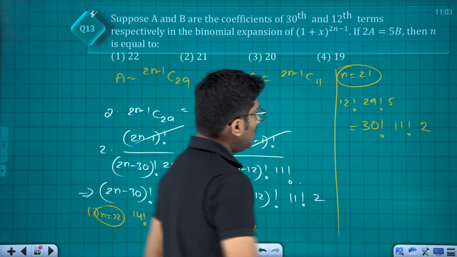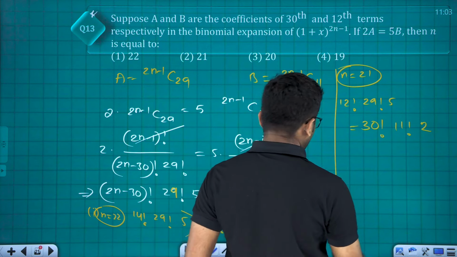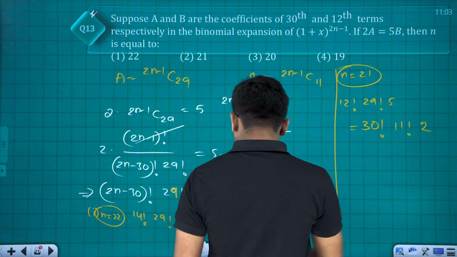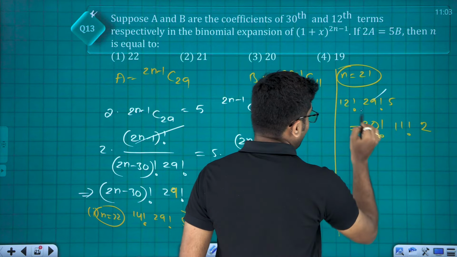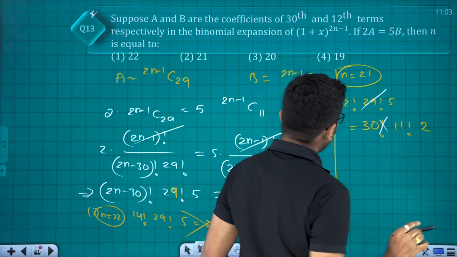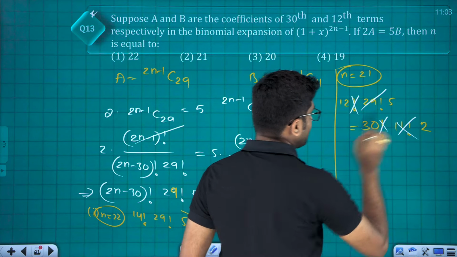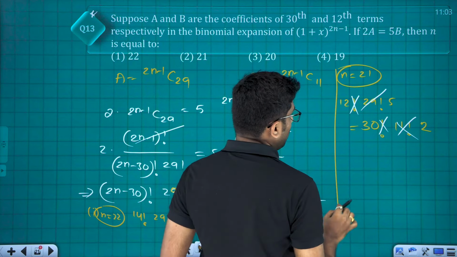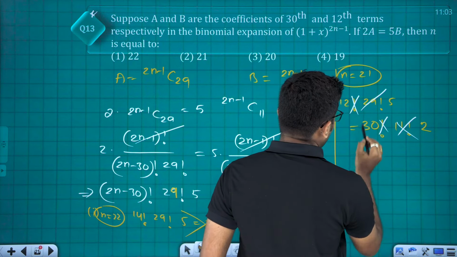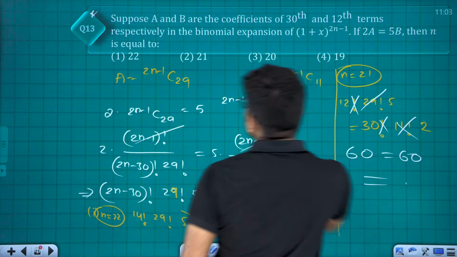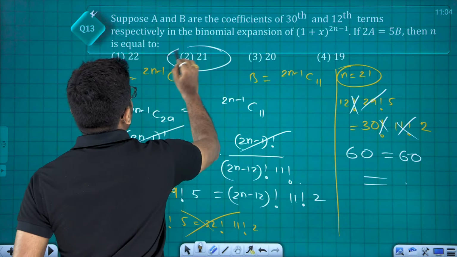See this, friends, 30 factorial we can write as 30 into 29 factorial, so the 29 factorial gets cancelled. Now 12 into 11 factorial, this 11 factorial gets cancelled. So we get 12 into 5, which is 60, equal to 30 into 2, which is 60. So the answer is n equal to 21.